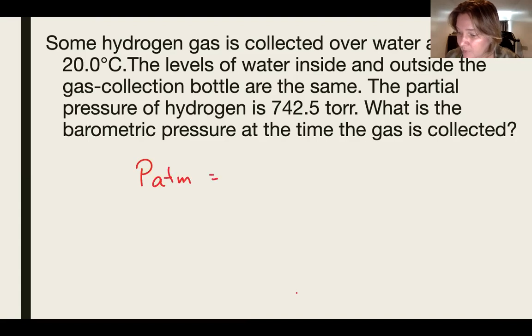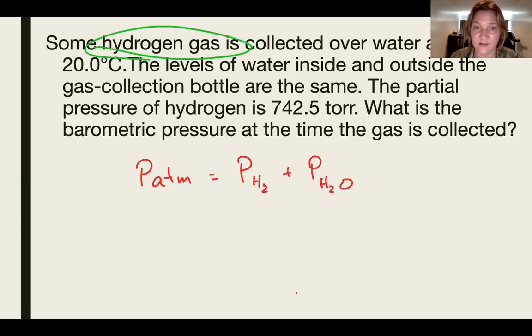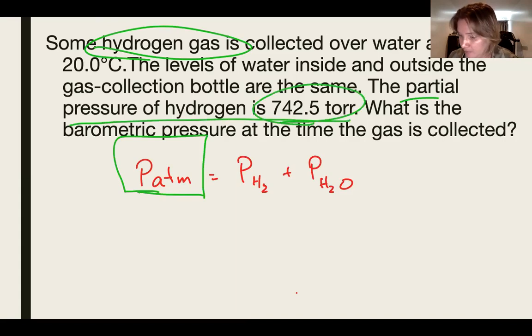So we've got PATM equals PH2 plus PH2O, because we're collecting hydrogen gas and they want to know what this is. The partial pressure of hydrogen is 742.5 torr.